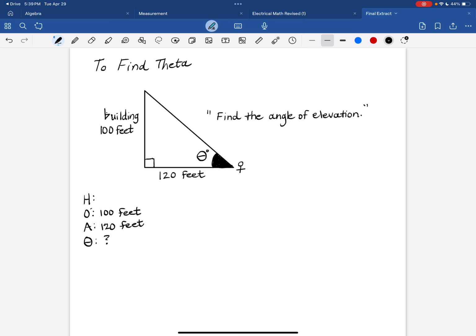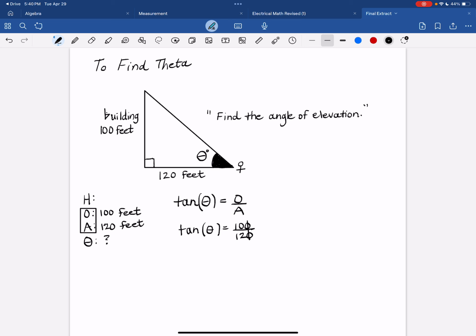So I would look for the ratio that gives me O and A. That's TOA, tangent. So the tangent of theta, which we don't know theta, but we know that the tangent of theta is going to be opposite over adjacent, or tan theta is 100 over 120, opposite over adjacent.